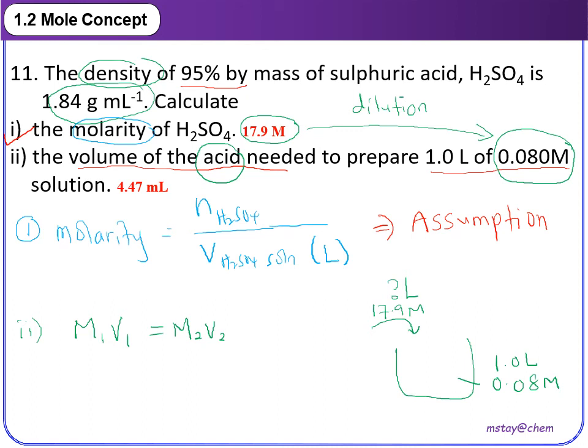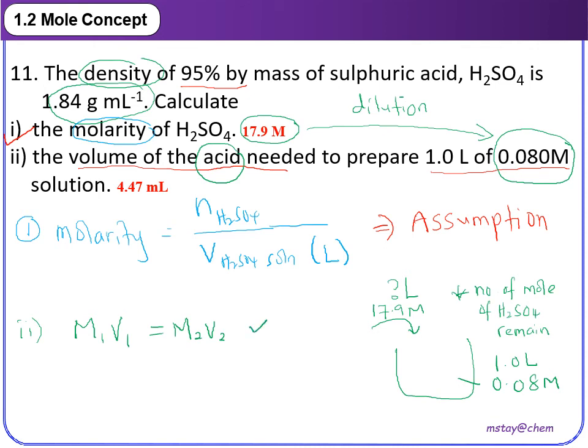So in this case we have to get the idea that number of mole of sulfuric acid remains. That's why we can use formula M1V1 equal to M2V2.